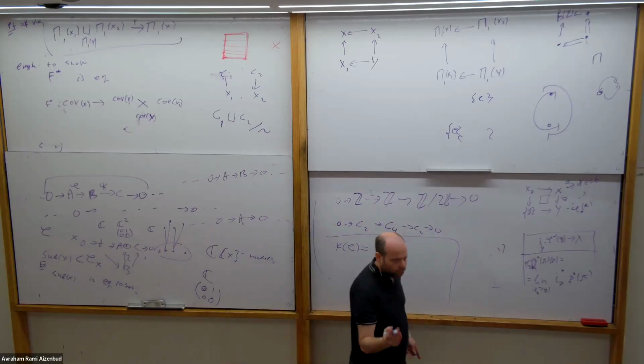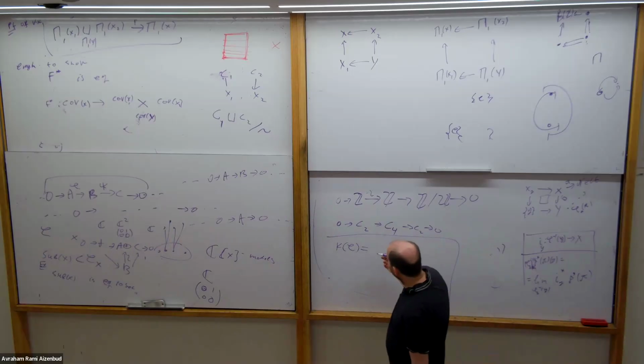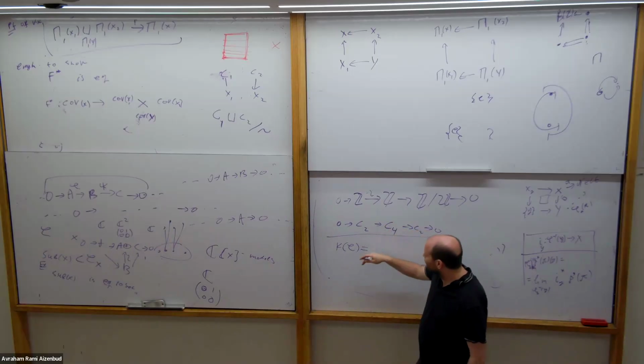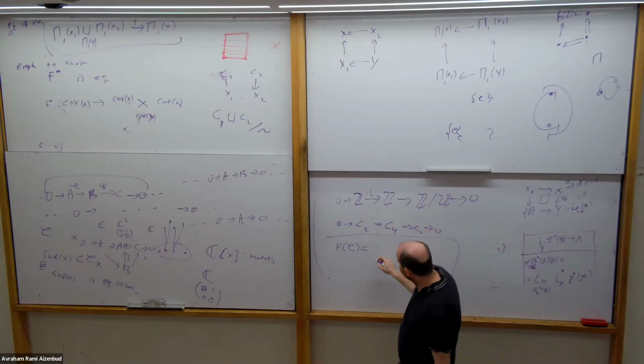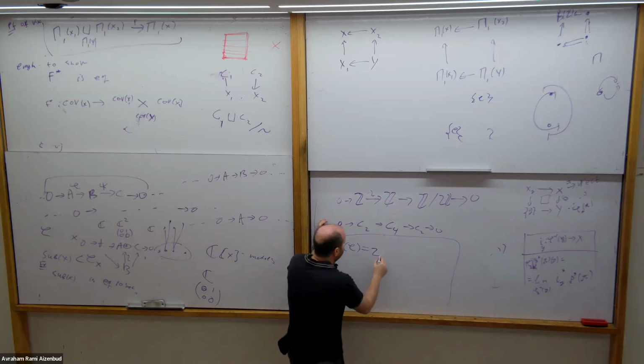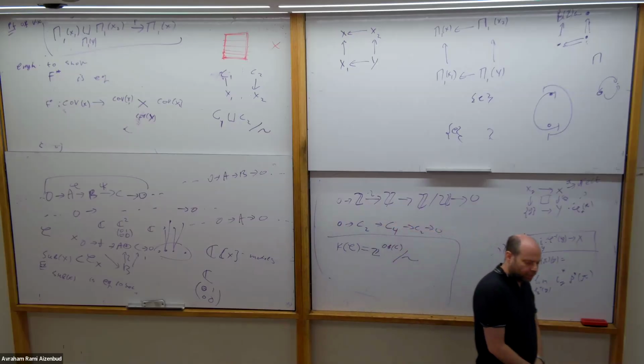So again, we ignore problems of set theory, but you can always replace C with a small category, if C is generated by a small category. So you take the free abelian group generated by objects of C, modulo relations. Now I want to put relations, and what will be the relations?